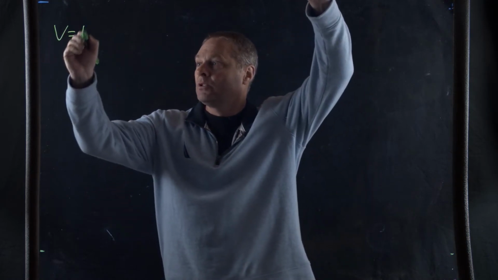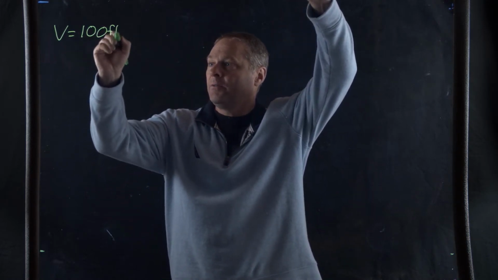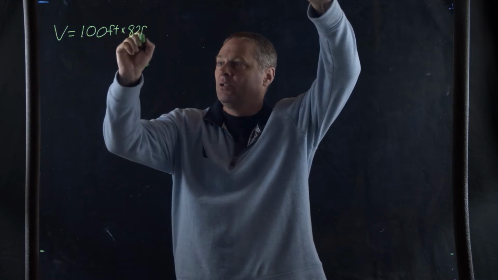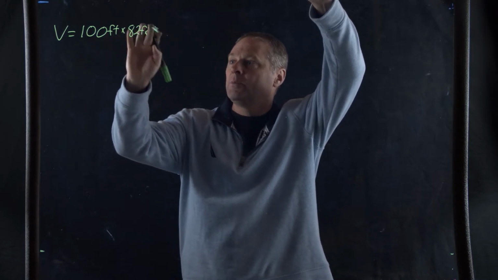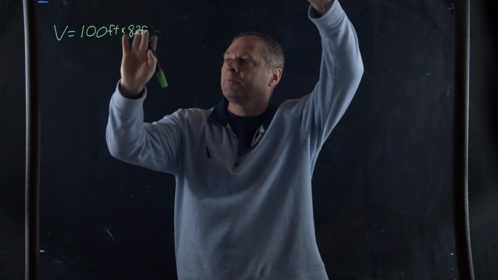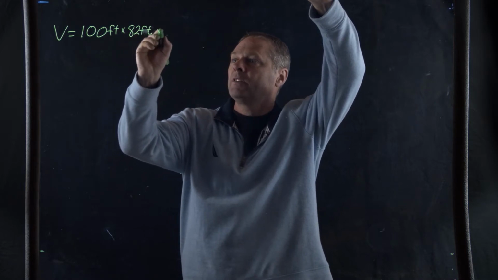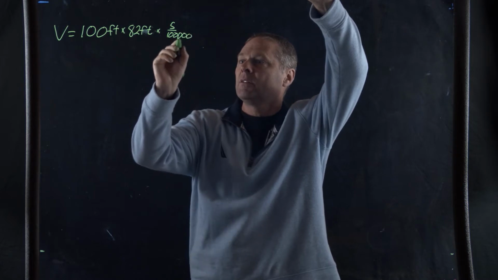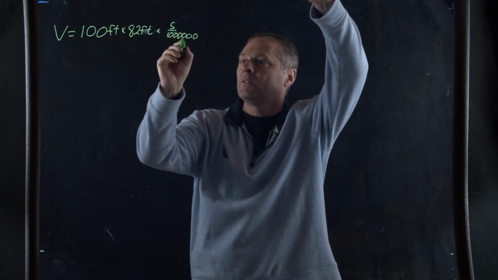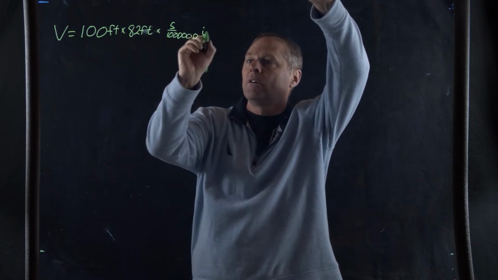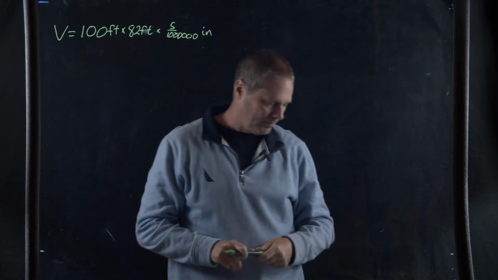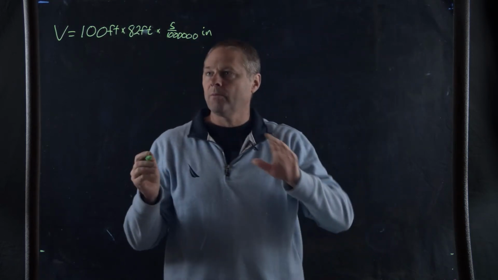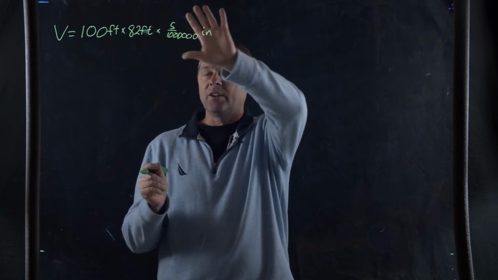All right. So we know that our volume is equal to 100 feet by 82 feet by 5 millionths of an inch. So now let's get this inches out of here and convert that into feet.